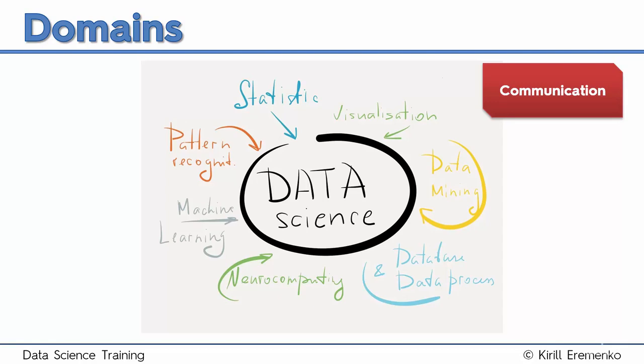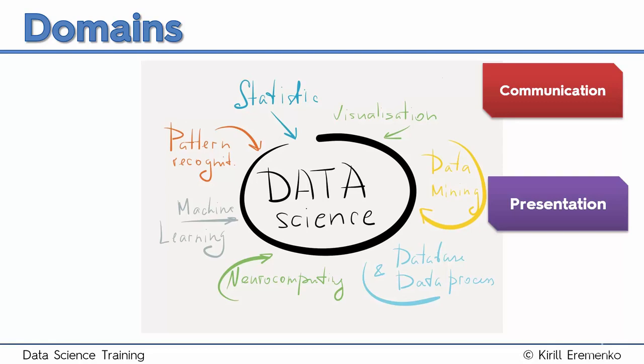Therefore, a data scientist who cannot talk to a human being for longer than 5 minutes is not setting himself up for success, regardless of how smart he is. You have to be an outgoing person to be successful in this profession. Presentation. Another form of talking with people, only this time it's the other way around. You are trying to put information into their heads.